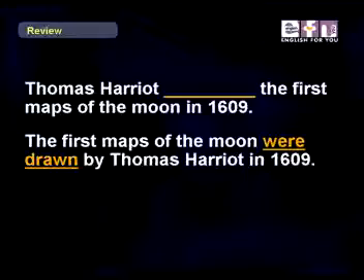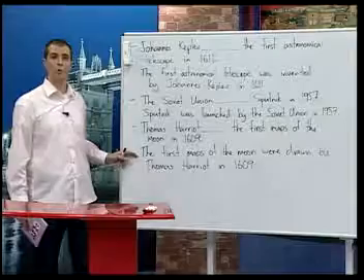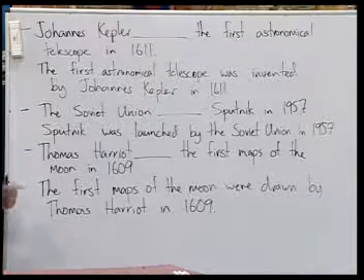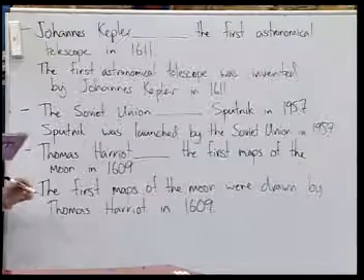Excellent. The first maps of the moon were drawn by Thomas Harriot in 1609. Excellent job, everybody. Superb job.